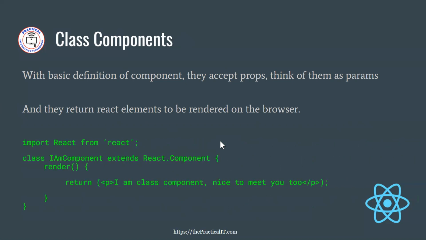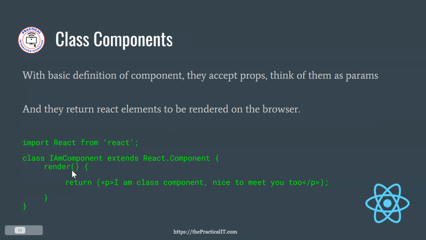And the way we create a class component, or how we define them, is we're going to be importing React from the React library. And then we're going to have the class keyword, as that is basically the keyword we use in order to create a class. And then we have the name of the class, and it's going to extend from React component.